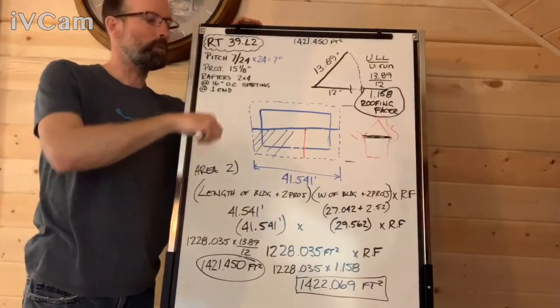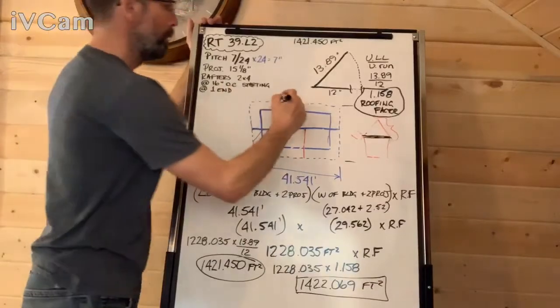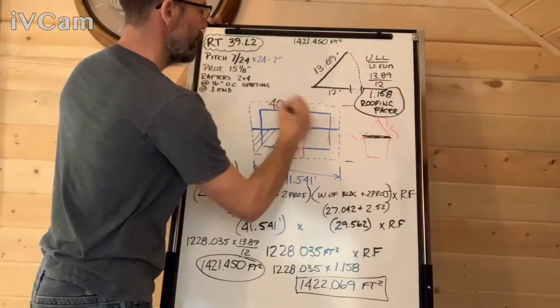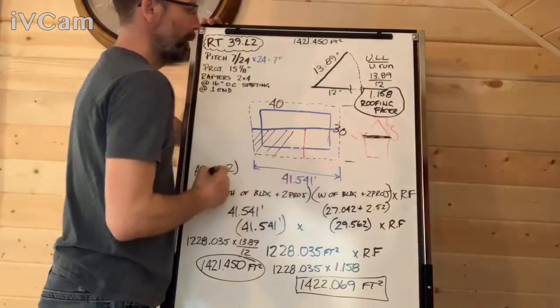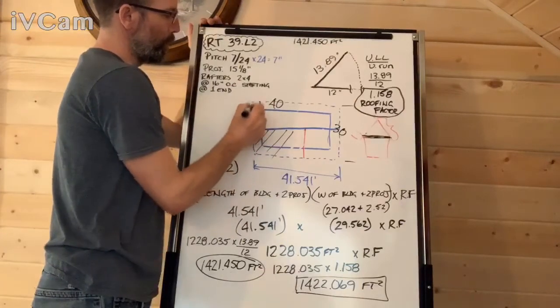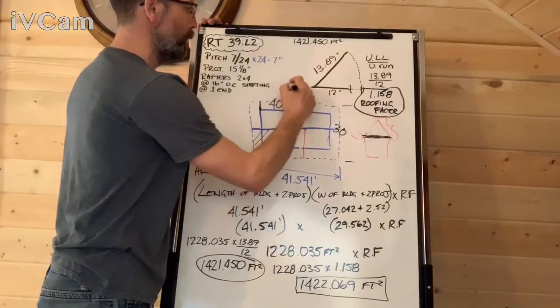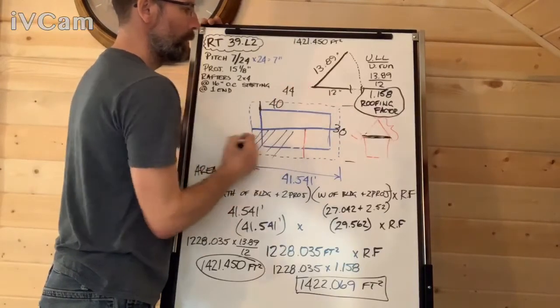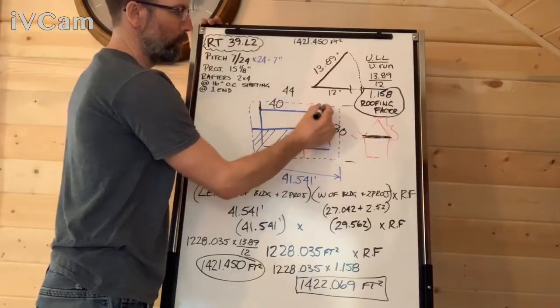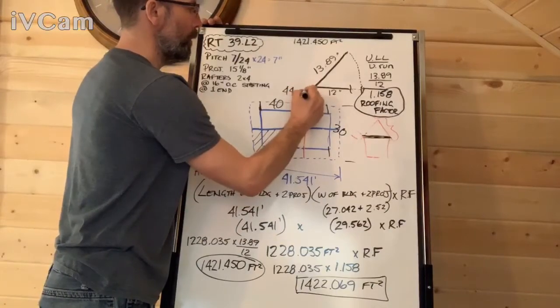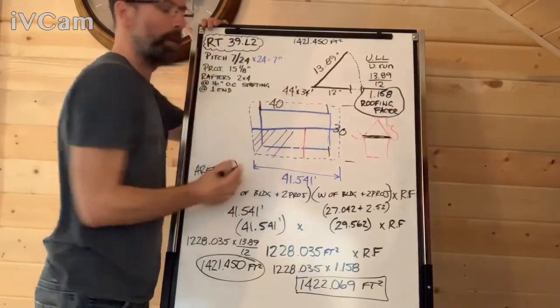So now if we had a house, we measure it out and it's 30 by 40. So let's say we had 40 feet here, we had 30 feet here. We know that we've got a 2-foot projection all the way around. So we know that this house now is 40 plus 2 plus 2, 44 feet. We know that it's 30 plus 2 plus 2, 34 feet.